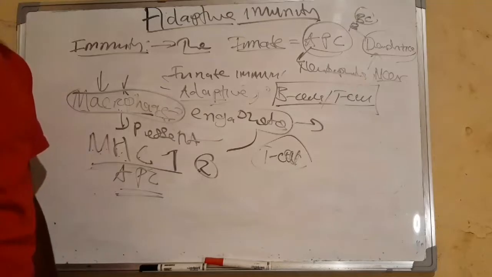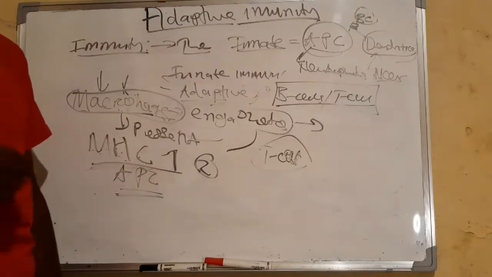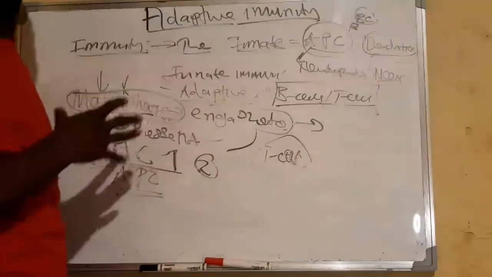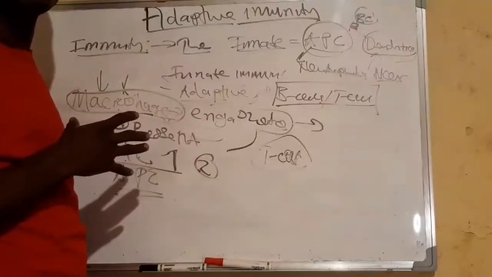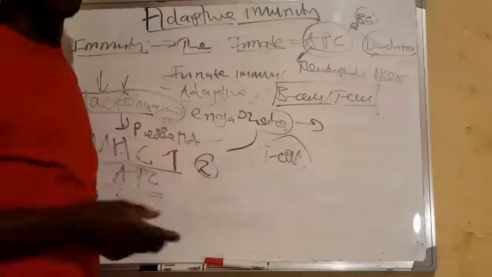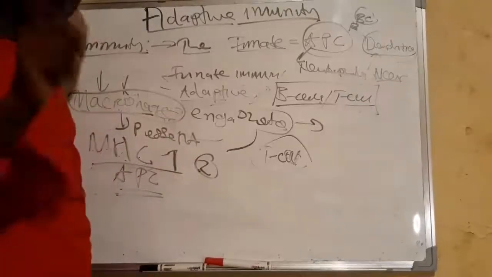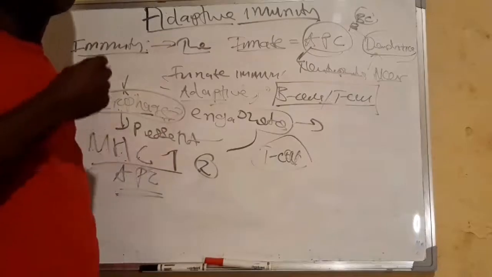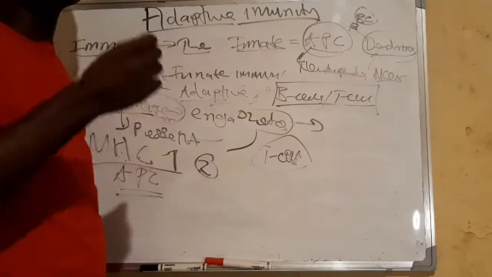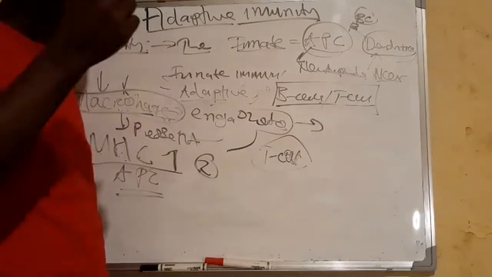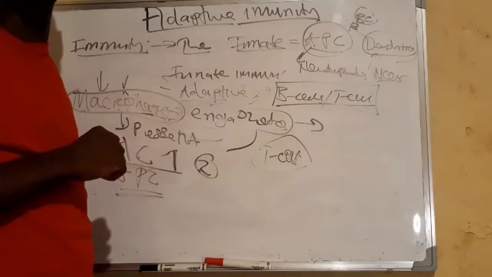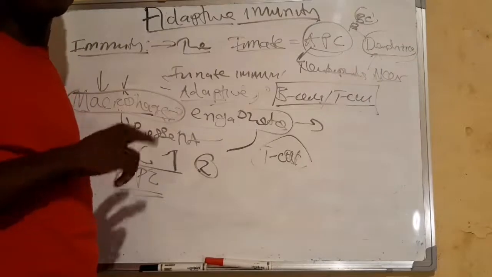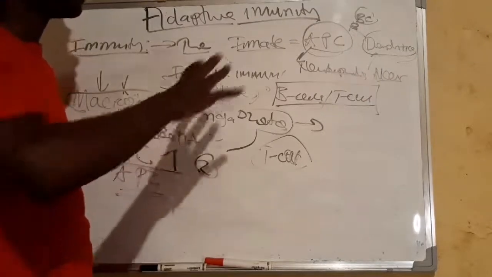But the B cells can become activated on their own. They have the ability to recognize the pathogen on their own and proliferate on their own. Also, when the cytokine is produced from the T cells, they can also proliferate. That's the good thing about B cells.